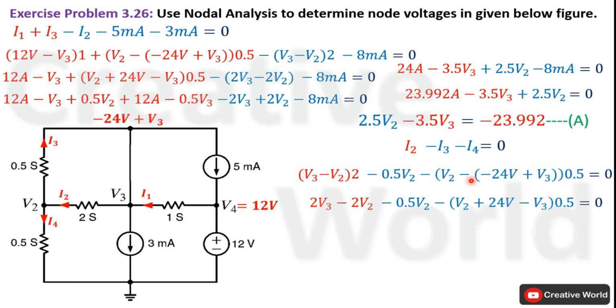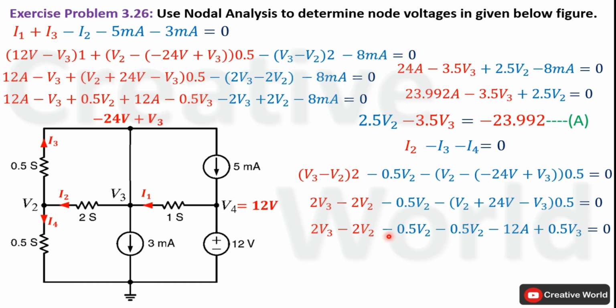Here the minus will multiply with the values inside the brackets, it will become plus 24 volt minus V3, into 0.5. Now again multiply this 0.5 with the values inside the brackets. The equation will become 2V3 minus 2V2 minus 0.5 V2 minus 0.5 V2 minus 12 ampere plus 0.5 V3.